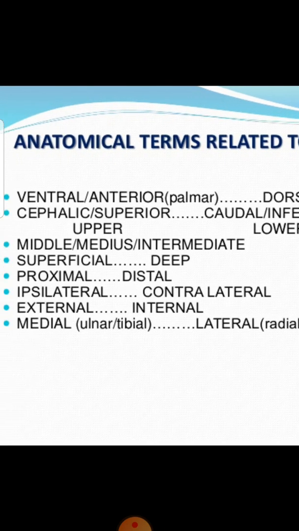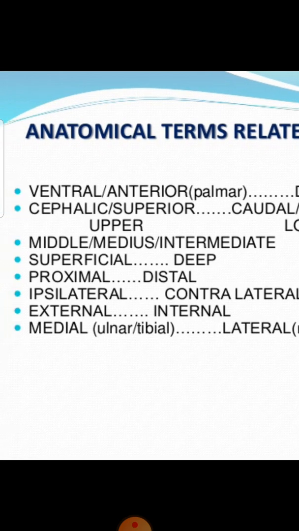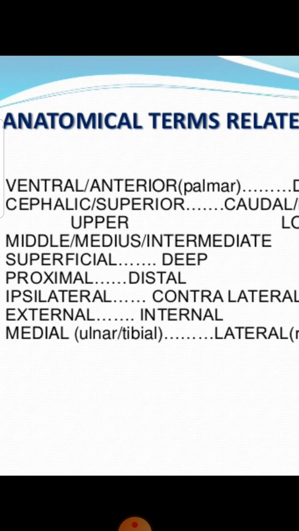So there is a term that is ventral or anterior. So जो आपकी palmar face होती है, as we have discussed earlier about the anatomical position, the palmar surface will be facing forward, ठीक है? So that would be our anterior surface or our anterior part or the ventral as well. हम इसको ventral भी कह सकते हैं.